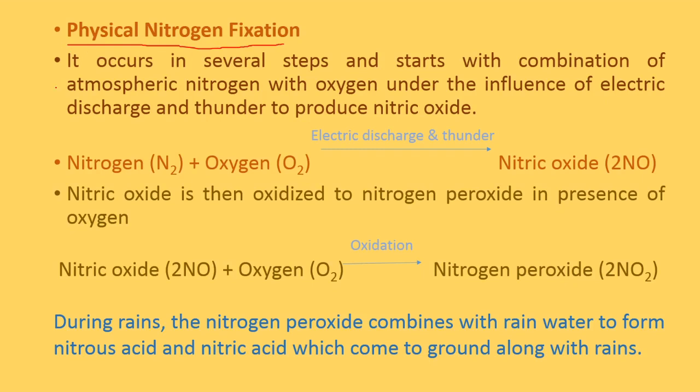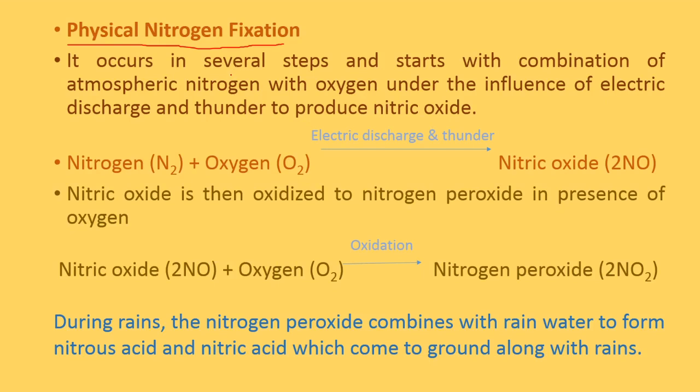This is totally a physical method. Nitrogen gets fixed into the soil purely by a physical method. No organism interferes in this process. So first of all we'll see physical nitrogen fixation and then we will proceed to biological nitrogen fixation.